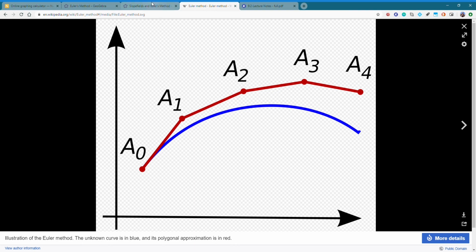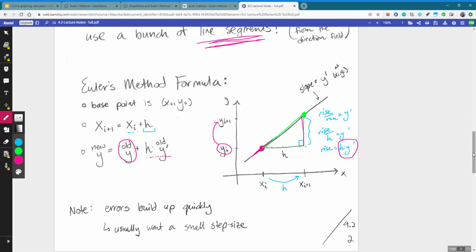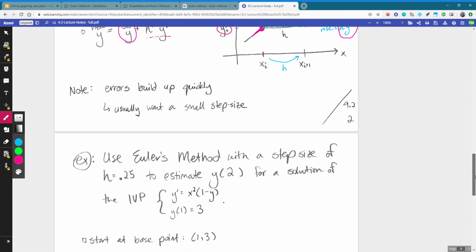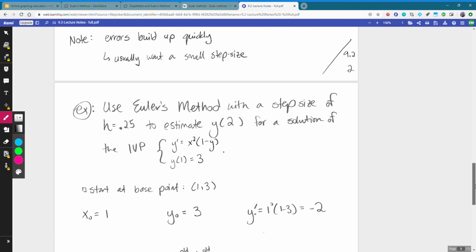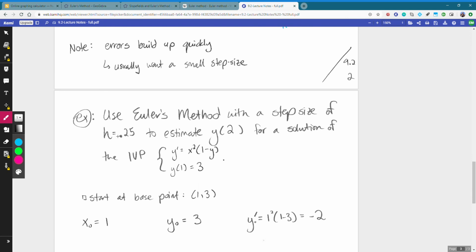Well, let's take our formula here and let's put it to work. Let's use Euler's method with a step size of 0.25 to estimate y of 2 for a solution of this initial value problem. And so let me just take a second here and let's get oriented a little bit with this.